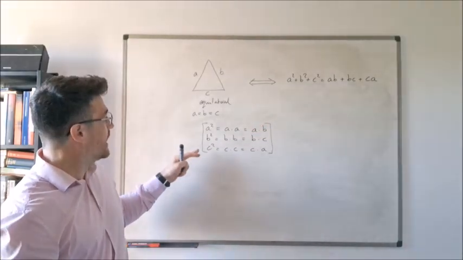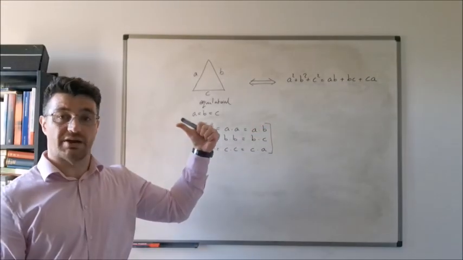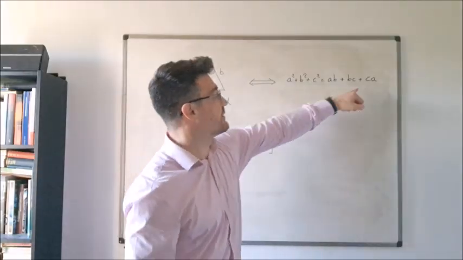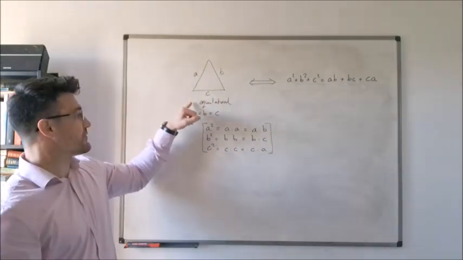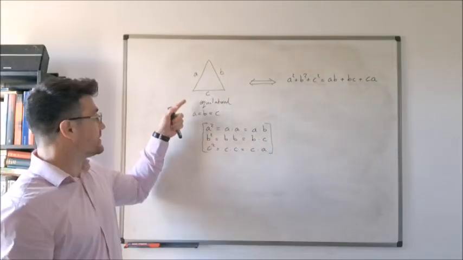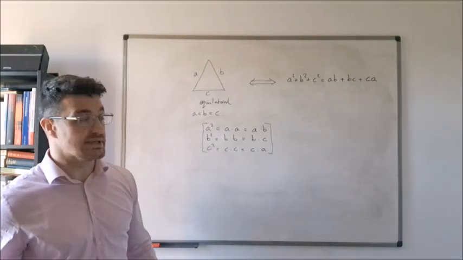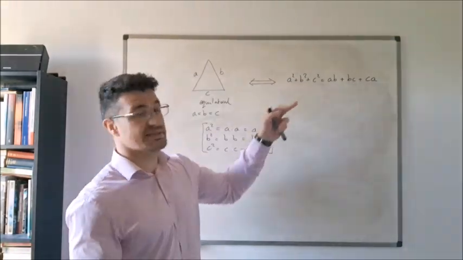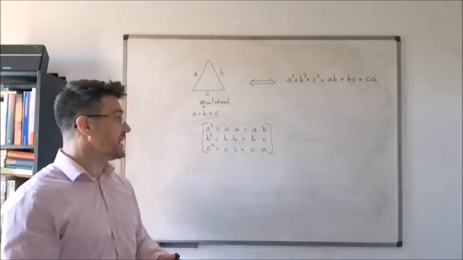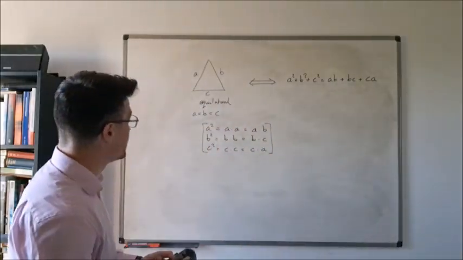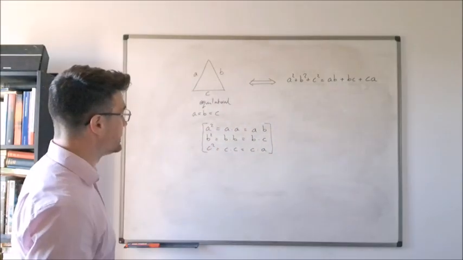Okay, so now we need to think about the other direction. If we start with this, how can we prove that the triangle is effectively equilateral? In other words, A, B, and C must also all be numerically equal.